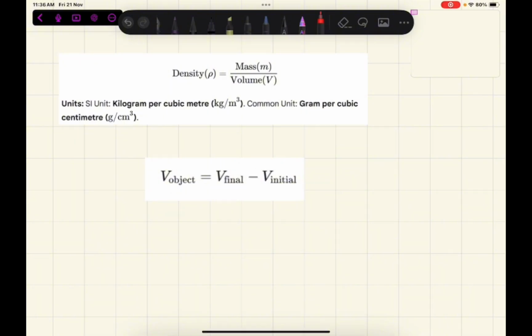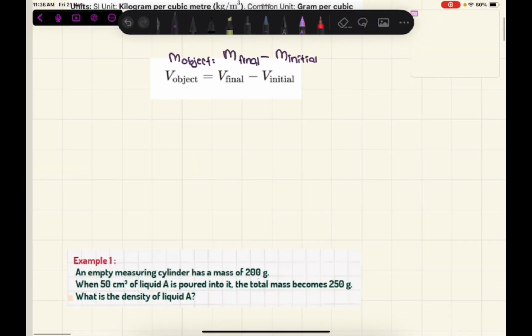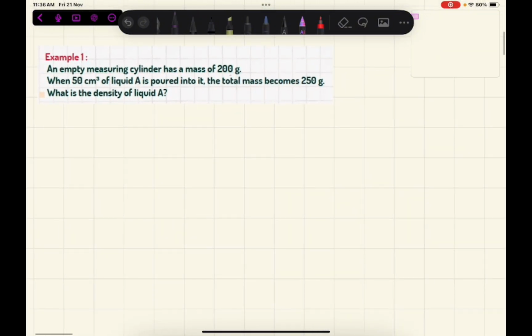This formula can also be used when we want to know the mass of the object, so the mass of the object equals final mass minus initial mass. So it is the same.